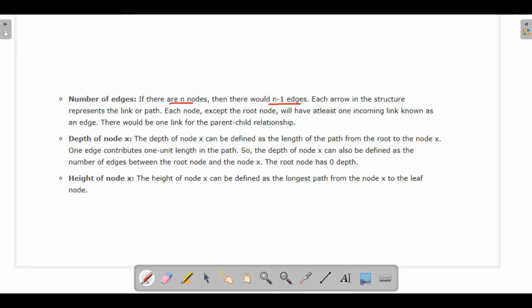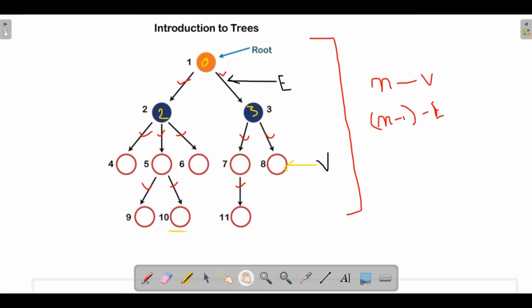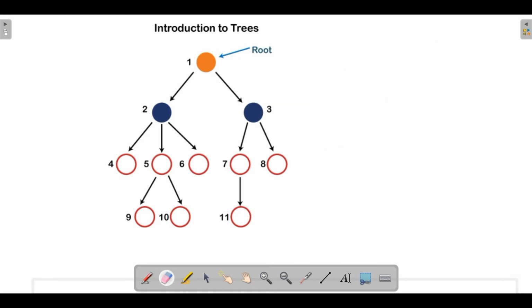So basically, what are the depth and height of a tree? The depth of a node x can be defined as the length of the path from the root node to the node x. For example, let us say we are to find the depth of 4. We start from the root node and count the edges that come up to this 4.